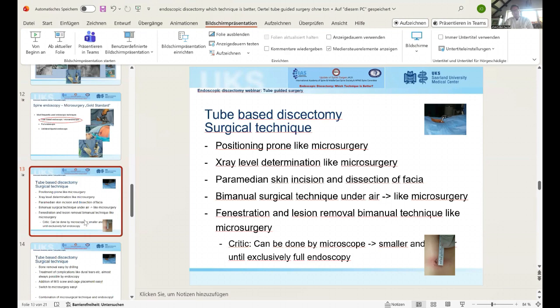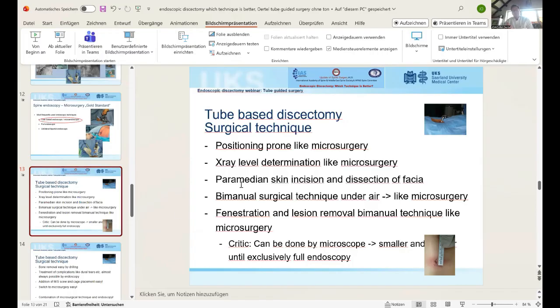So positioning is the same as in microsurgery. Level determination is almost the same. There are some peculiarities which already make it important to have the ideal approach calculation, but it's more or less very similar. Then skin incision is very similar. We go a little bit lateral. We don't go medial in the center.